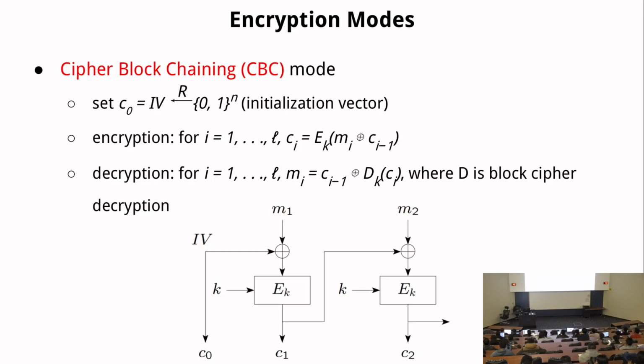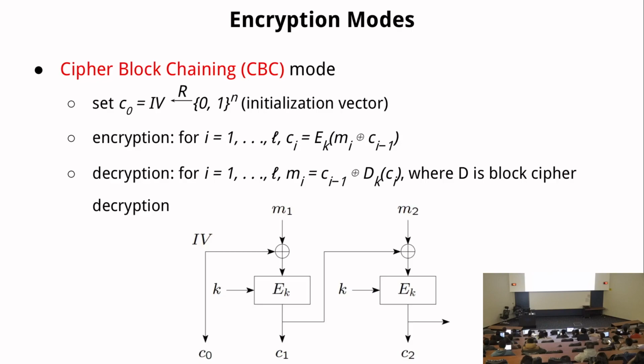When you communicate with another party, you do not send your keys because the key is a secret, right? So you somehow negotiate the key or distribute the key before this encryption. You send them the ciphertext and the IV. IV is in plain text. It should not be encrypted, but it has to be random.